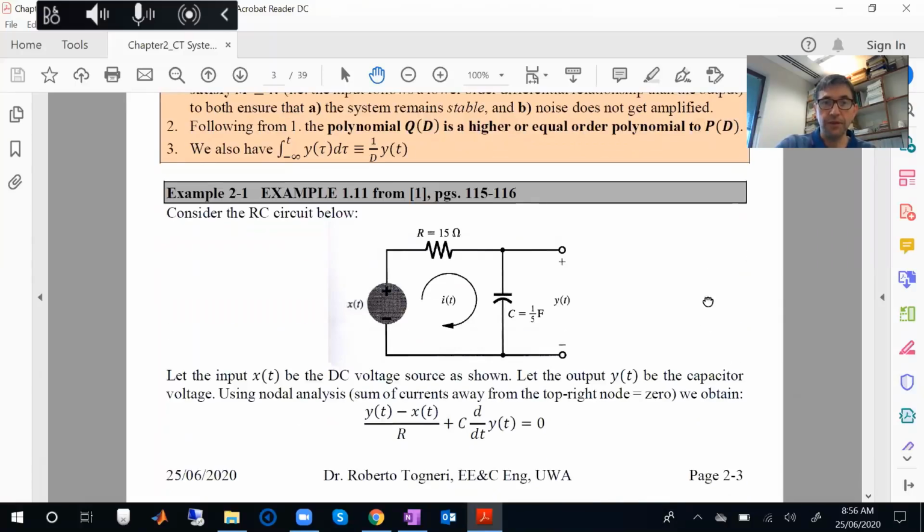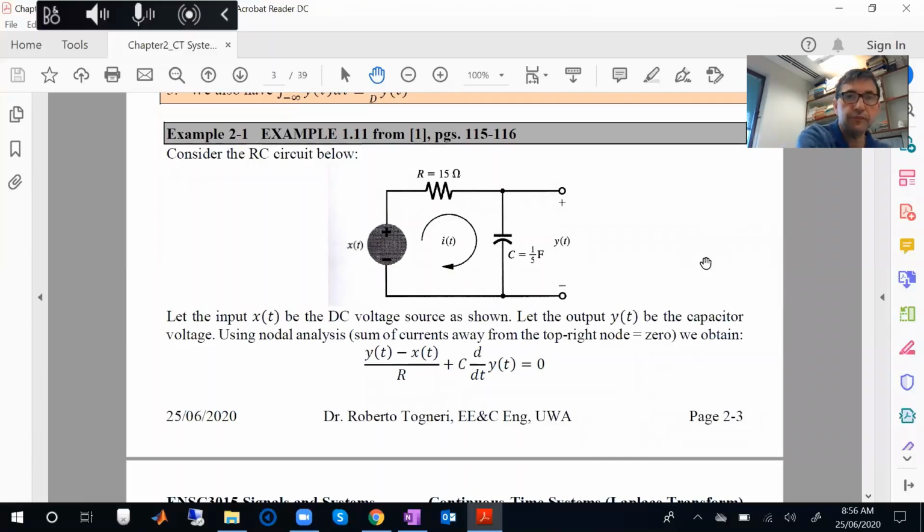So for this example here, let me activate my annotation sharing tool so you can spotlight tool. That's it. So you have a simple RC circuit.